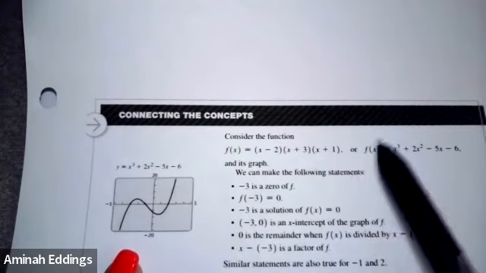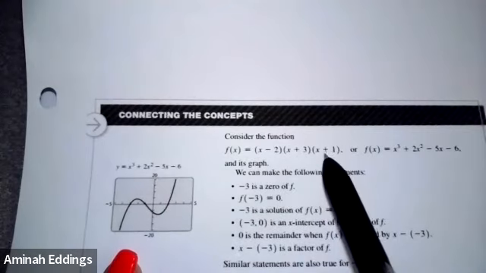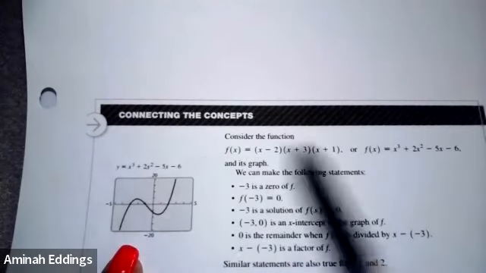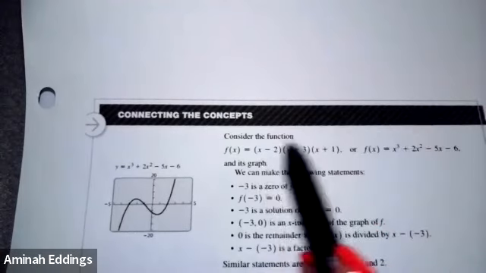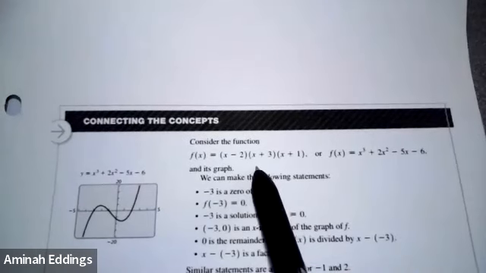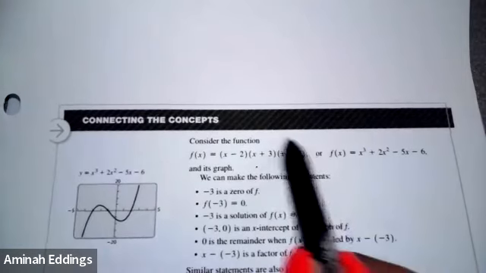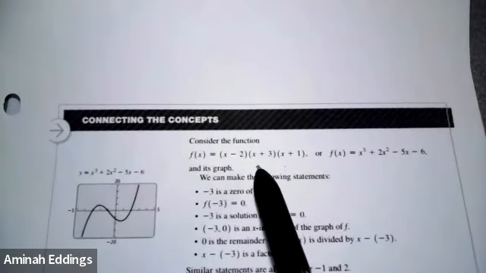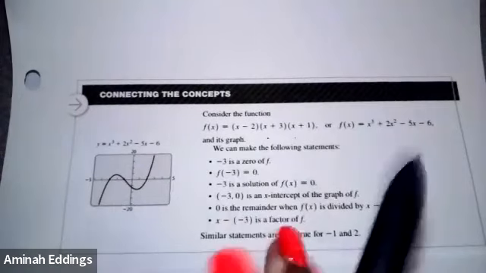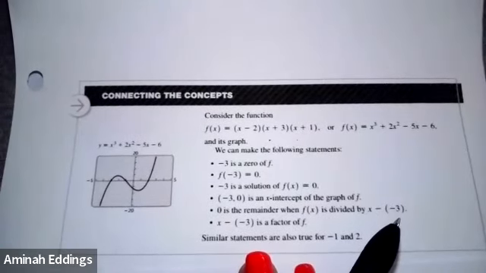Let's look at the function in terms of its factors. That means if we were to put this in factored form, it would be x minus 2 times x plus 3 times x plus 1, okay? What do these factors have to do with this function graph?